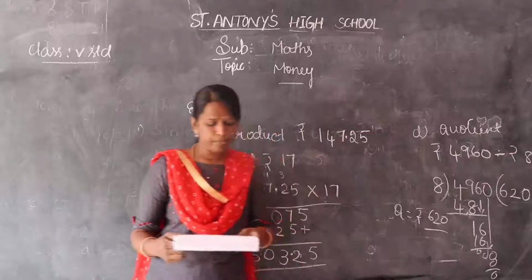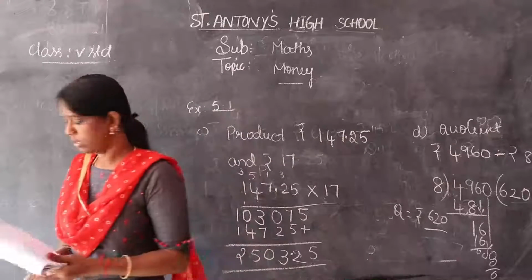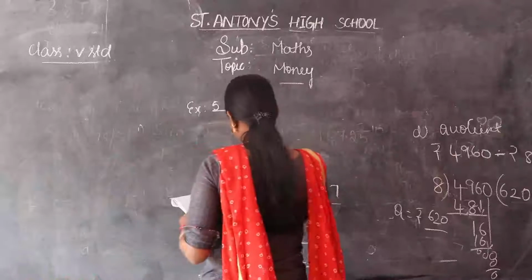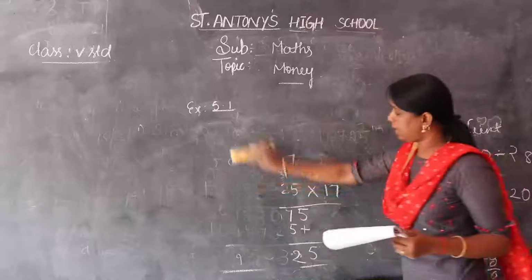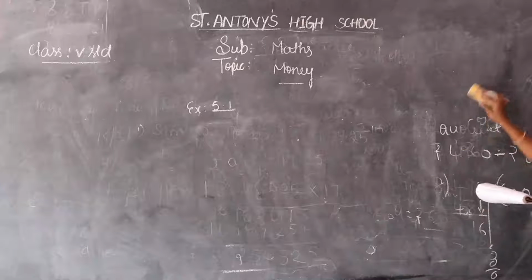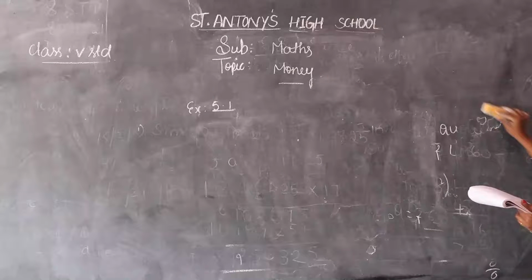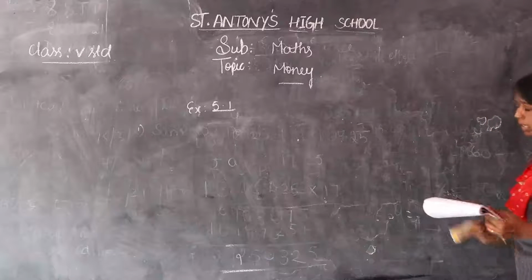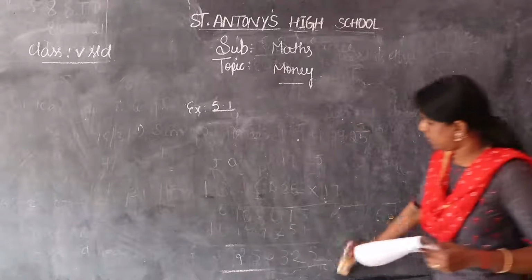Okay. In the next main, subtraction. Here is a question. Read the question. Subtract rupees 95.80 from the sum of rupees 279.05 paisa and rupees 103.25 paisa.